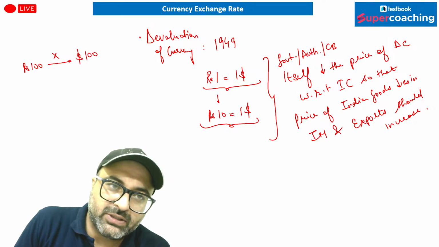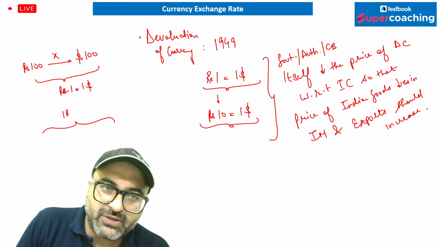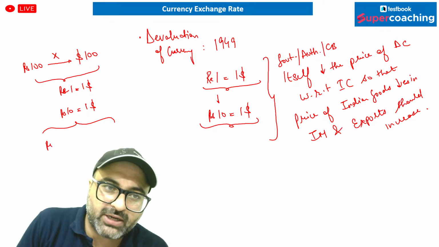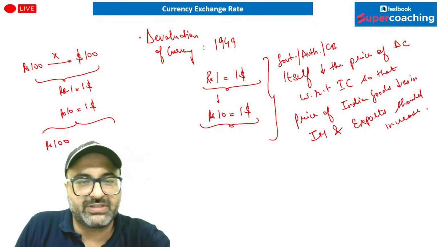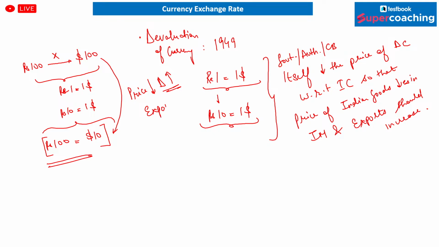But now, the moment the exchange rate is decided where 1 rupee was equal to $1 and now 10 rupees is equal to $1, then the same product which is still 100 rupees in India will be available in the international market for $10. So the price of the product fell. And we know that whenever the price decreases, demand increases. Demand increases means India's exports will increase.